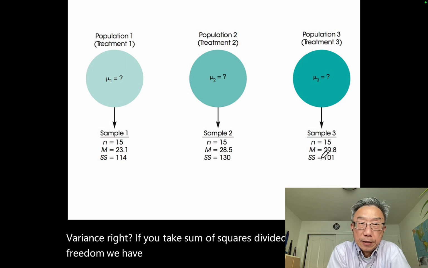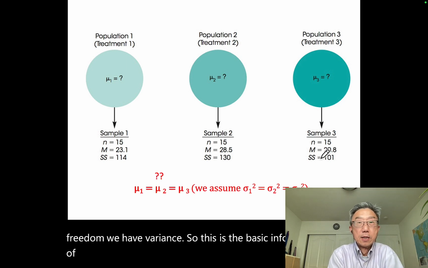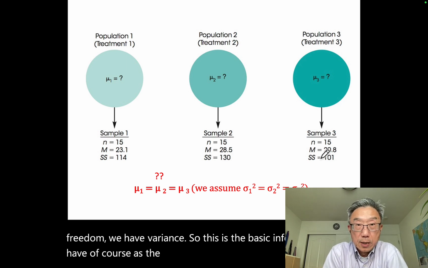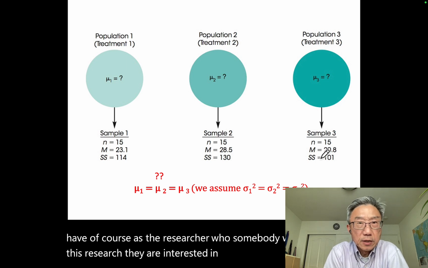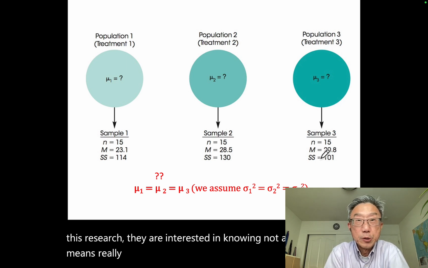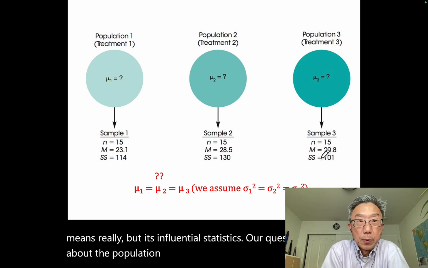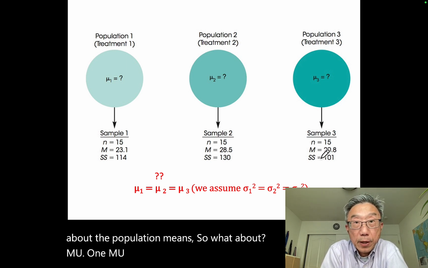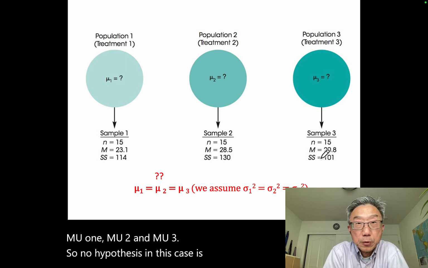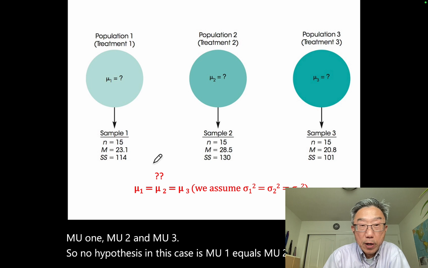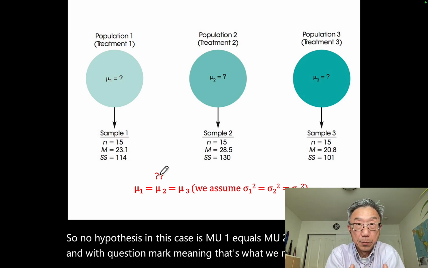So this is the basic information we have. Of course, the researcher who conducted this research is interested in knowing not about these sample means really, but in inferential statistics. Our question is really about the population means. So what about mu1, mu2, and mu3? The null hypothesis in this case is mu1 equals mu2 equals mu3, with a question mark, meaning that's what we need to find out based on the sample data.